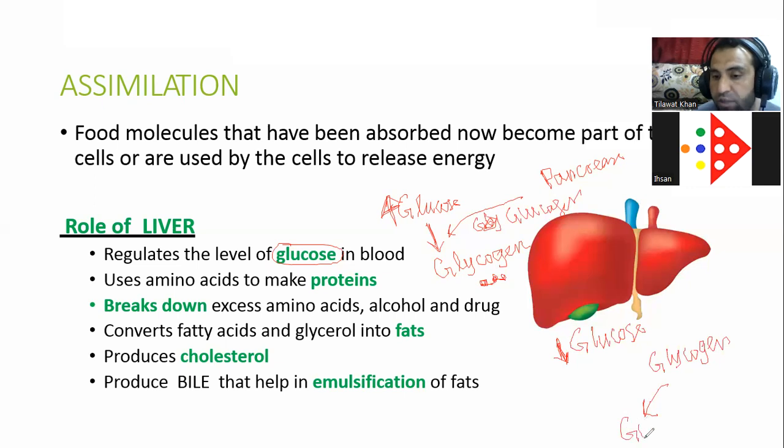Glucose. The breakdown of glycogen will happen. Glycogen is several glucose molecules joined with each other, so all those glucose bonds will break and glucose will be released into your blood. Thus, the glucose level in your blood will return to normal.